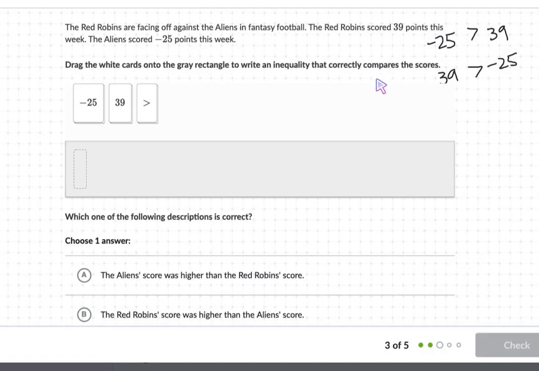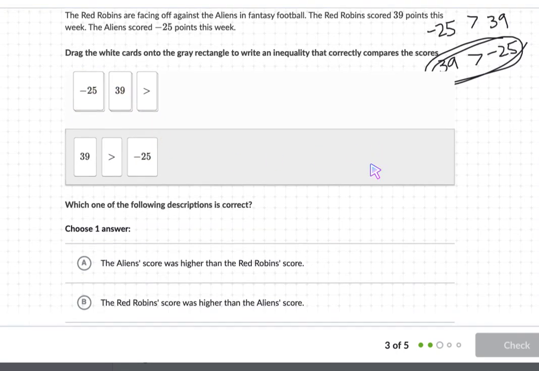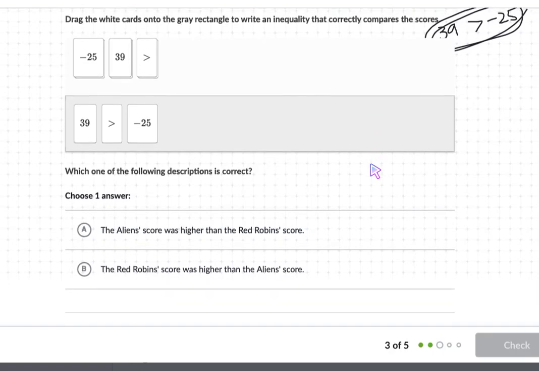Well, I have a positive and a negative, so you should have written down that this is the correct answer, because a negative can't be greater than a positive. This is a greater than sign, because going from left to right, I see the bigger side opening up first. So you should have this down. 39 is greater than -25. Positives are always greater than negatives, always.